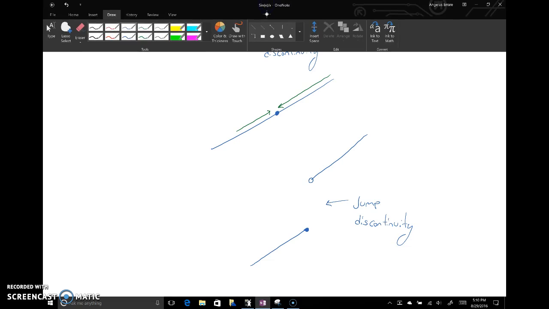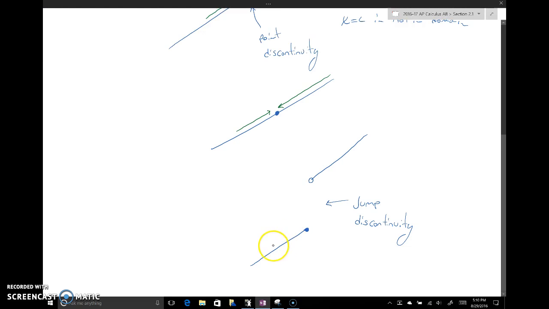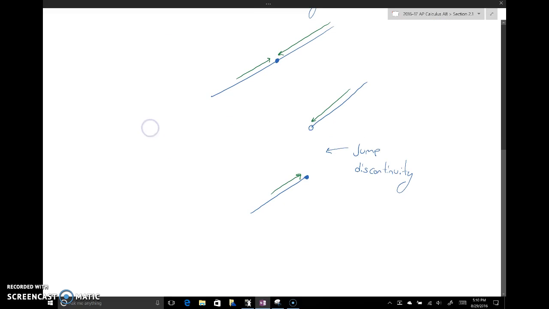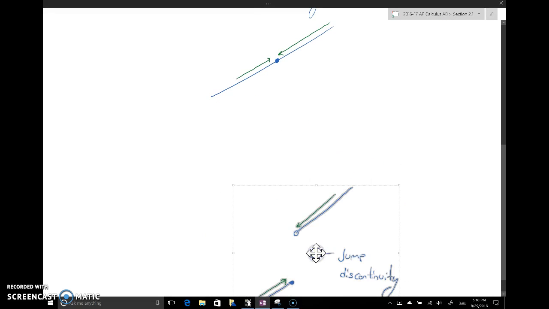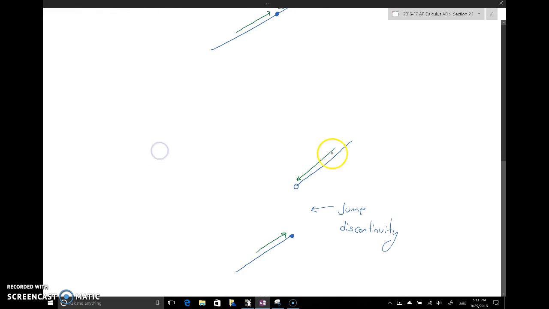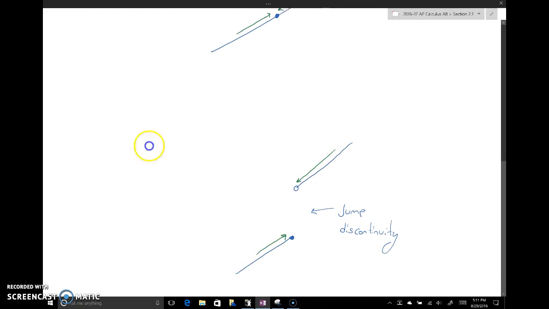And in this case, the limit does not exist. And we'll talk about this in a second, because you can see that the function is approaching two totally different values. So in that case, that is a situation where a limit doesn't exist, because again, the function is approaching two totally different things.